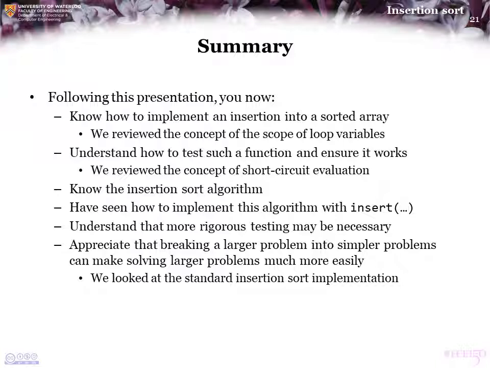You also know how to implement the insertion sort algorithm, and you can implement this using the insert function we authored. You also saw that it's probably more necessary to be rigorous in our testing than we were, but that's a project you can do on your own time.